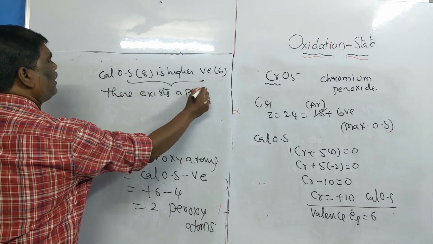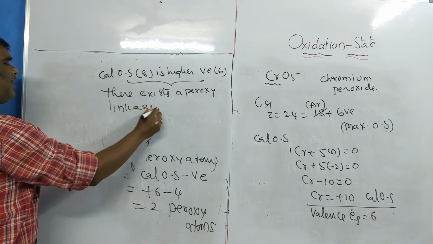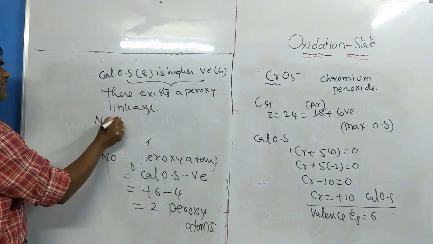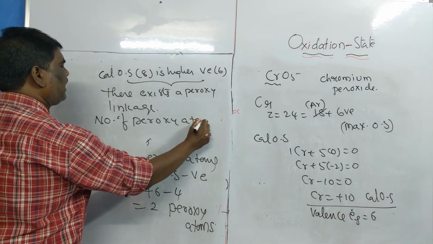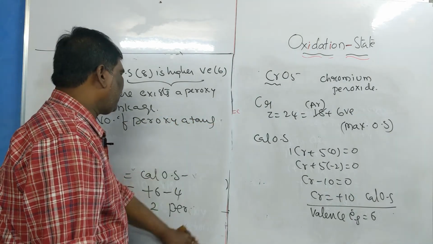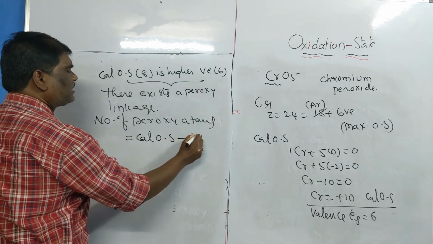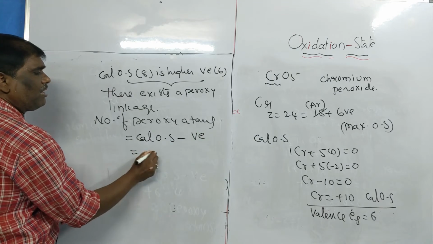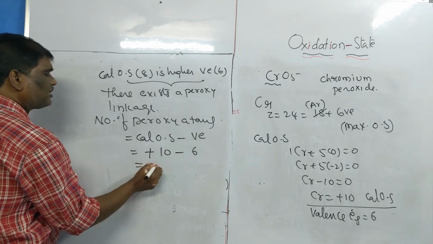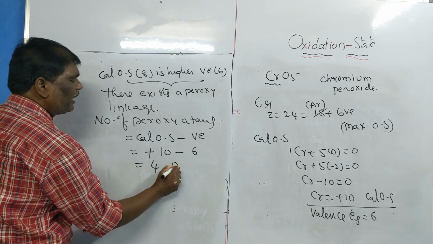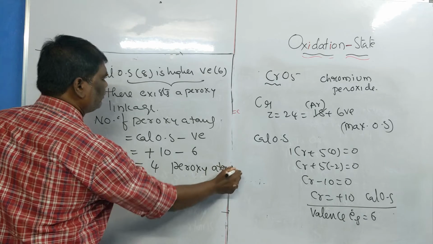Now, the number of peroxy atoms is equal to the calculated oxidation state minus valence electrons. Calculated is plus 10, valence electrons are 6. So we have 4 peroxy atoms.